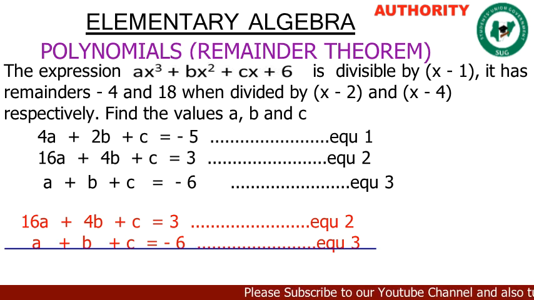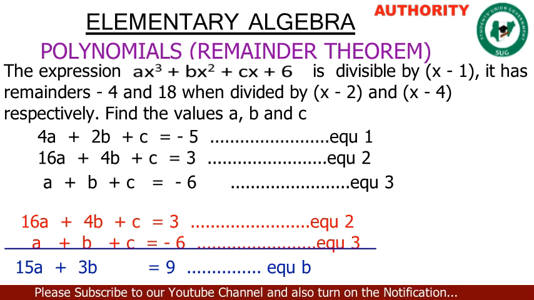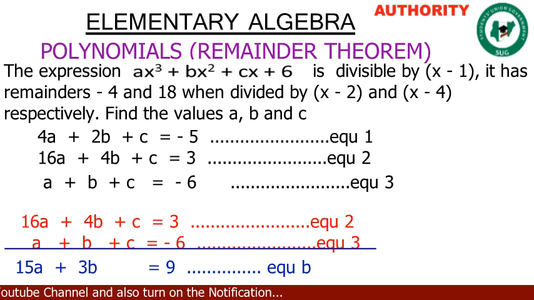We're going to have 16a minus a will give us 15a. Good. 4b minus b will give us 3b. Good. 4b minus b is equal to 3b. Now, plus c minus c is equal to 0.